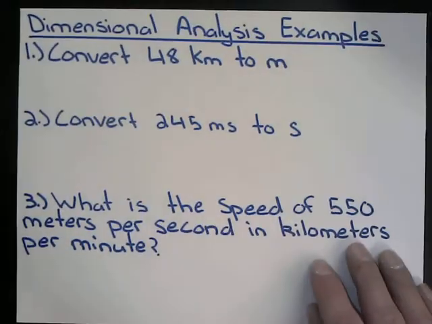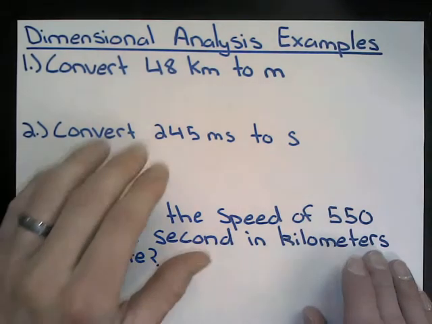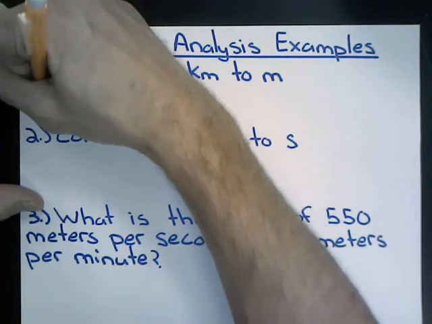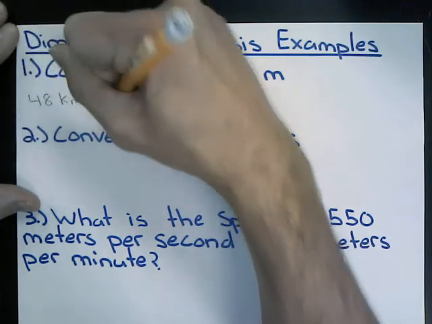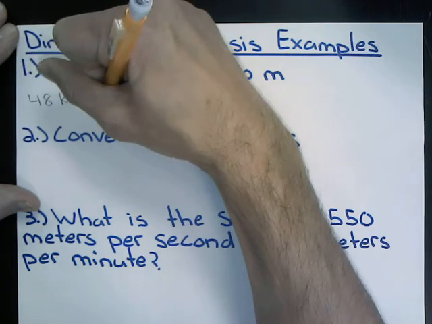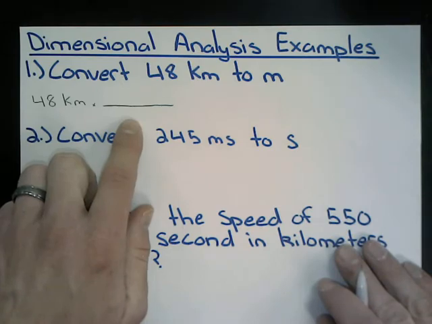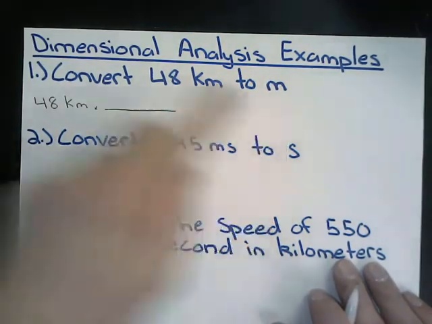The first thing to do is, whatever value or number is given, we always start by writing that down. So I'm going to start out by writing 48 kilometers, and then we draw our conversion factor. We put a times symbol, and then we just draw a line. Now somehow we need to relate kilometers to meters.